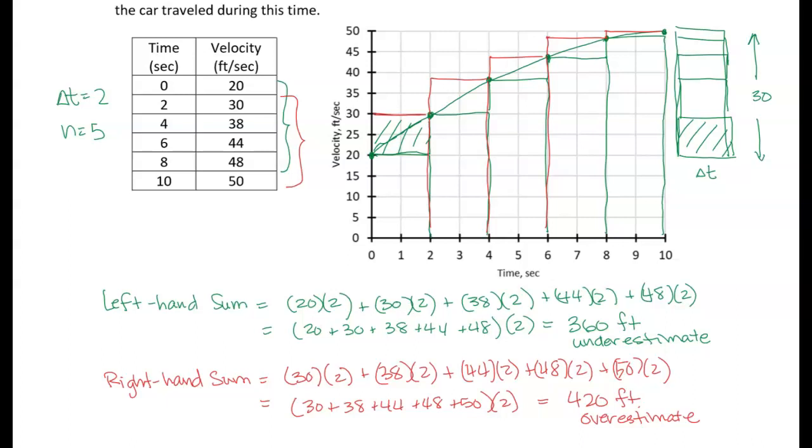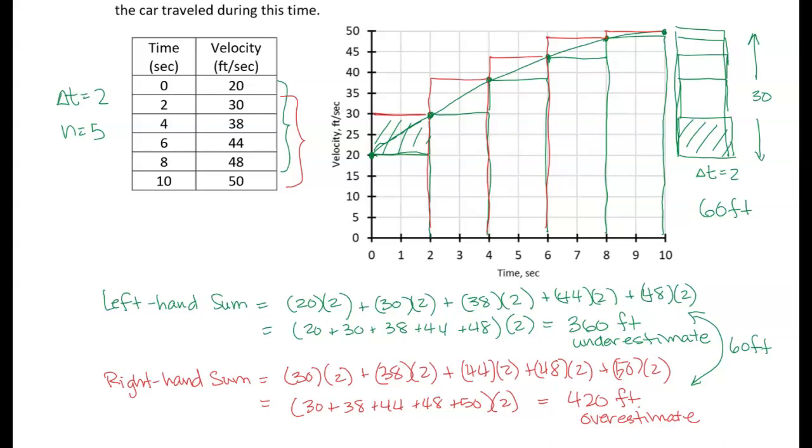Okay, and so there's a 30 feet per second difference. So the height of this rectangle is 30, and the width is 2. So you can see that our error is essentially 60 feet. And you can also see it down here. If I take the difference between these two values, it's 60 feet. So the difference between our overestimate and our underestimate is 60 feet.